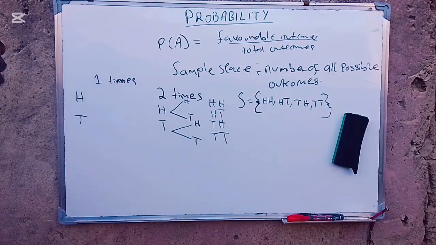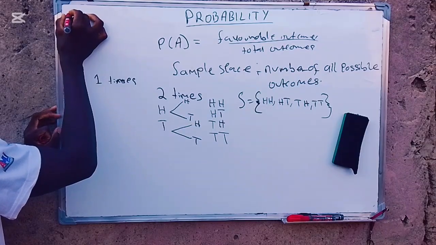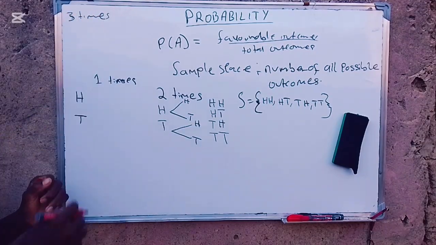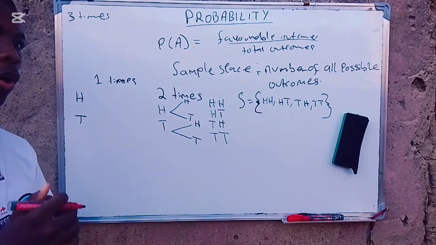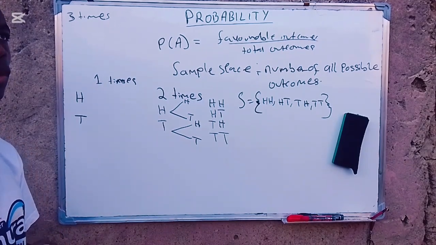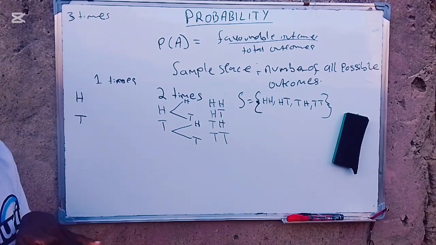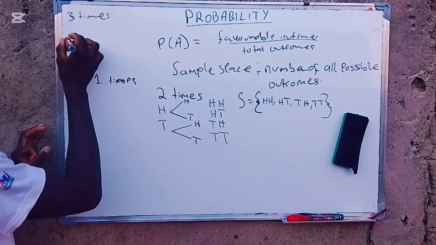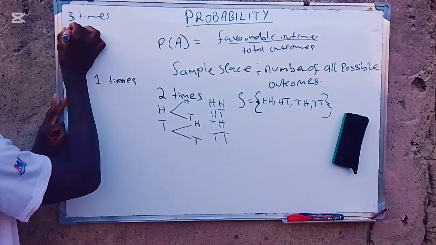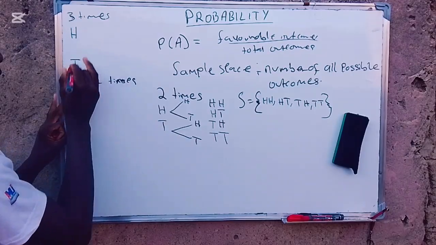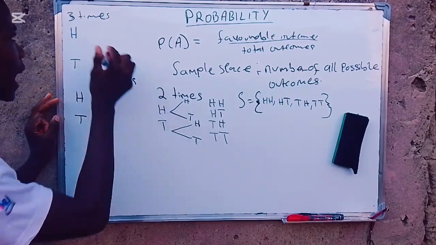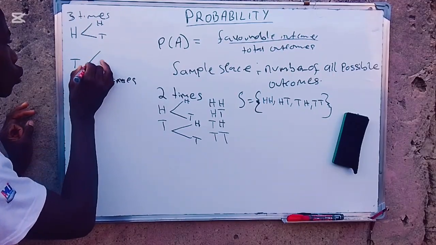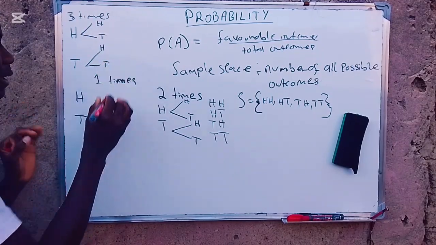What am I going to get? Suppose I flip the coin three times. You all know that it is a coin. It has only bottom and top, so therefore it is head and tail. If I flip it one time, I'll get head and tail. If I flip it two times, I'll have again head and tail.